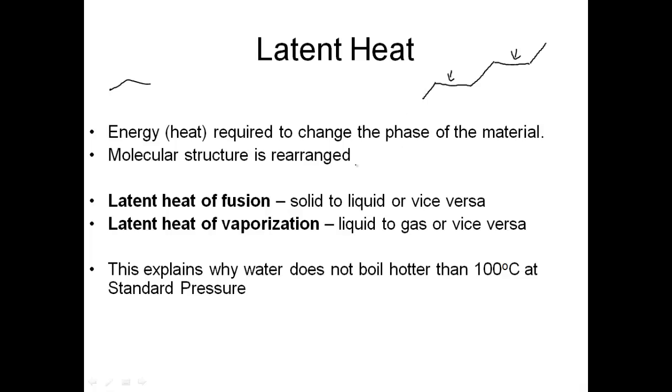And so that's one way you can identify them. So if we go from a solid to liquid or a liquid to a solid, we call it the latent heat of fusion. And then if we cause it to go from a liquid to a gas or back, then we call it heat of vaporization. And so we will use those values when we are doing the calculation. So you've got to think about where you are on this phase change diagram.